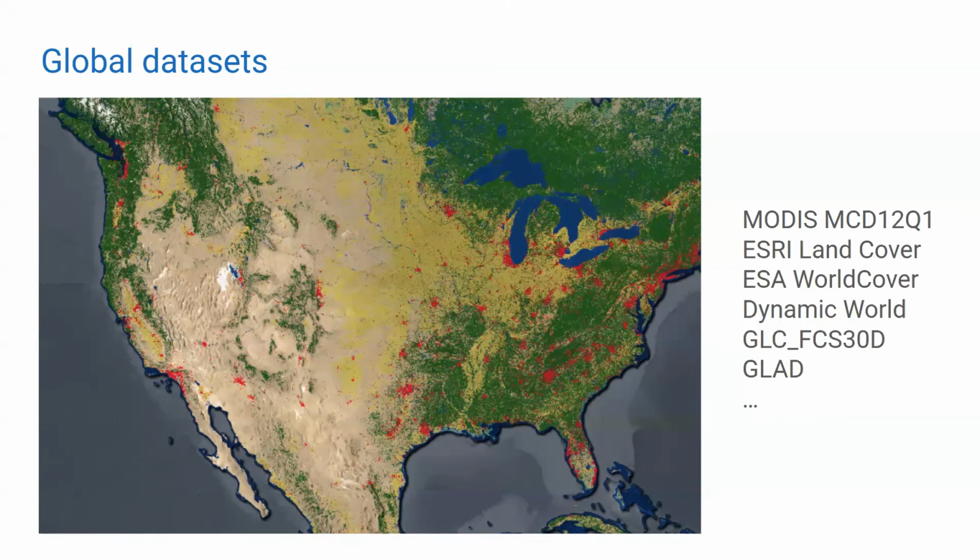The most trusted datasets are MODIS MCD12Q, Esri land cover we use today, ESA WorldCover, Dynamic World, GLC_FCS30D, and GLAD. So you can Google all of them and freely access them in any corner of the earth. So that's why they are very popular and useful.